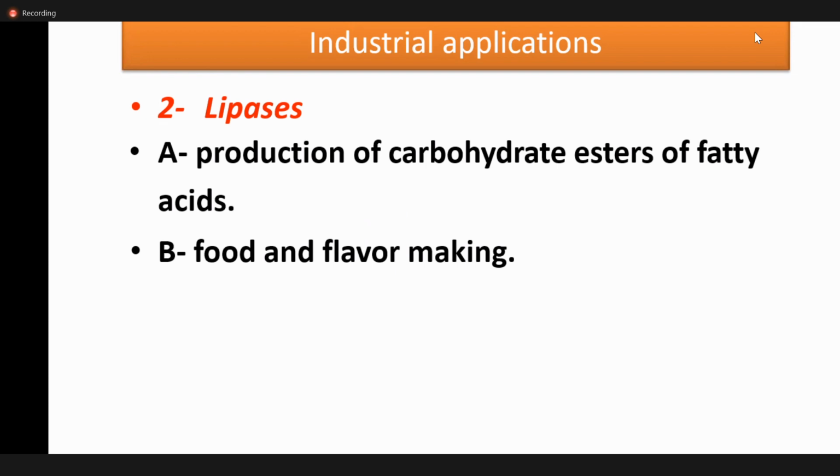And lipases are used in the production of carbohydrate esters, fatty acids, food flavor making, food additives, food colors, or edible items like sweets or oats.